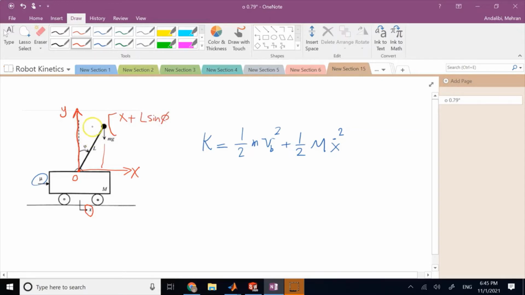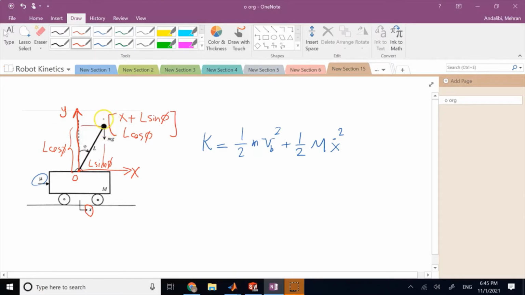And then y of the point is this distance here, which is L times cosine of phi. Correct? So clearly these are x and y of this point. If you want, you can call it point P, but let's use another notation because we use P for potential energy.